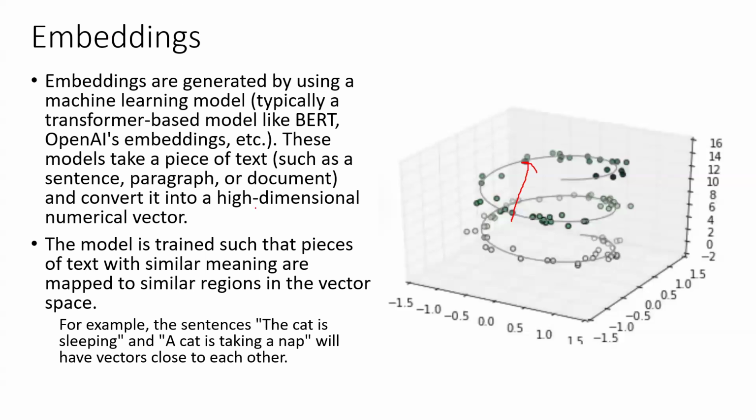And the beauty is that once you create the embeddings of similar words or phrases which have the same meaning, they will be grouped together. For example, I have two sentences: the cat is sleeping, and another sentence, a cat is taking a nap. Essentially, they mean the same, right? So when I create two vectors out of these two sentences, they will be lying together, like these two vectors.